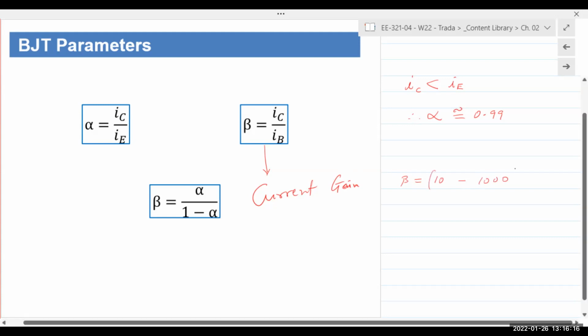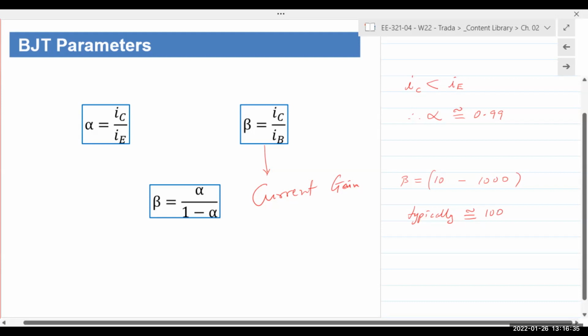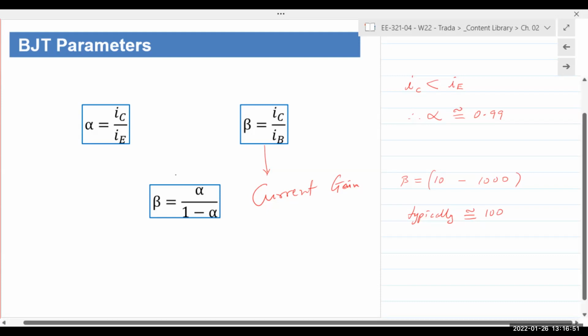Typically it is about 100. You apply a very small amount of current at the input, and you get a very large amplified current at the output. From those two equations, we can also write an expression relating beta and alpha: beta is equal to alpha over 1 minus alpha. Simple equations, nothing too strenuous.